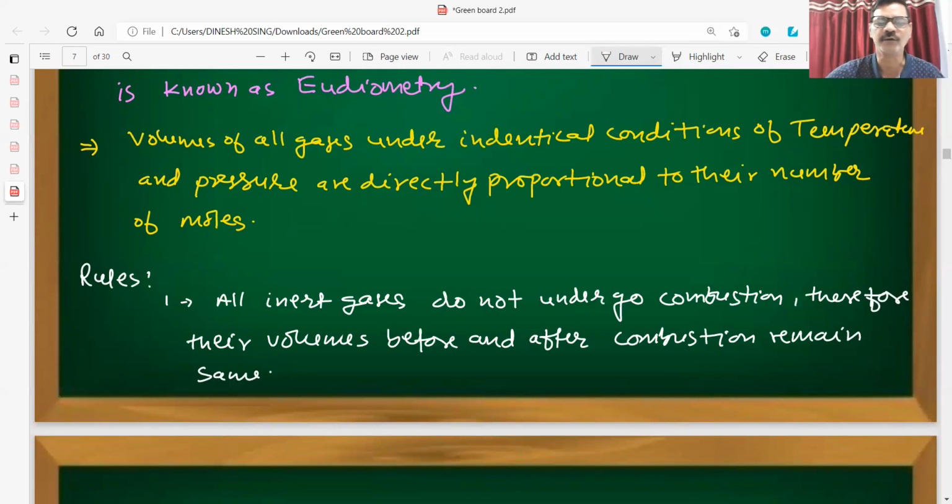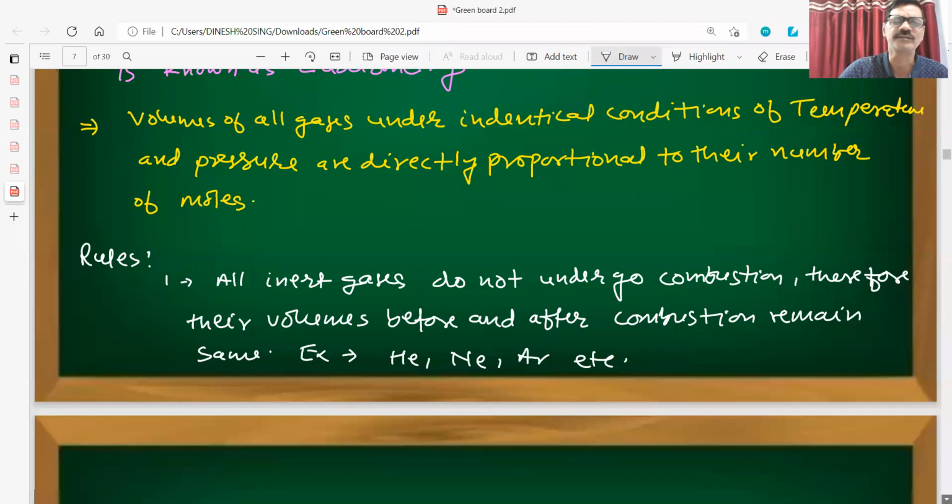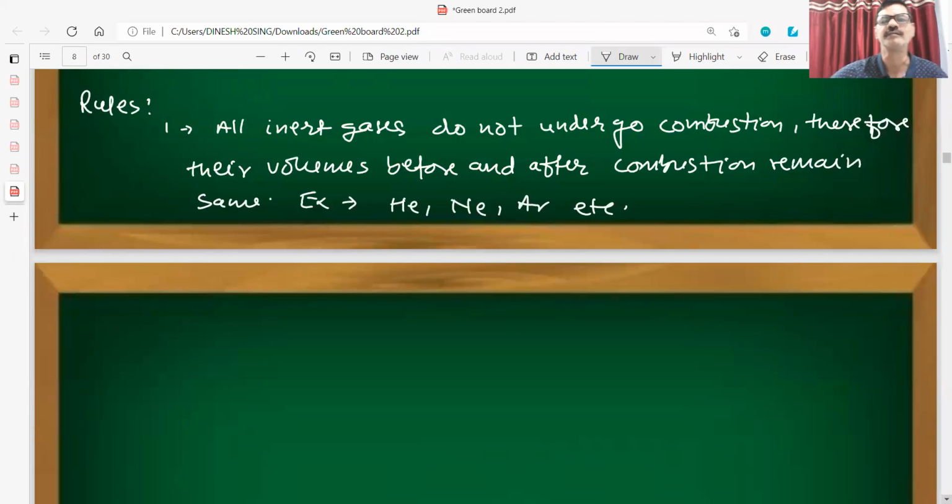Examples of these gases are helium, neon, argon, krypton. Since they cannot react with oxygen, they are inert, so whatever volume is initially present, the same will be the volume after the combustion process. This is rule number 1.